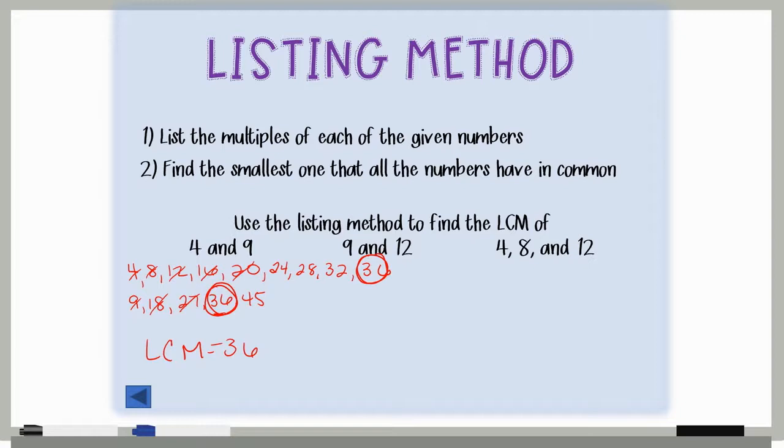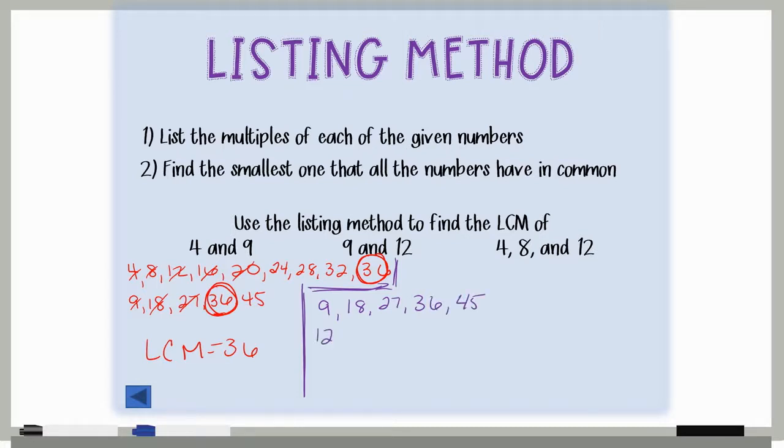Okay, let's go ahead and try the next one. I'm going to change my ink color so that way we can see that we're working with a different problem here. So 9 and 12. So again, I have 9, 18, 27, 36, 45.